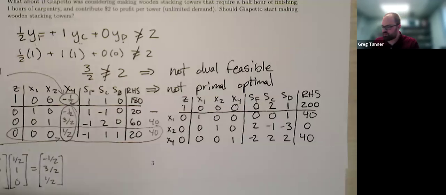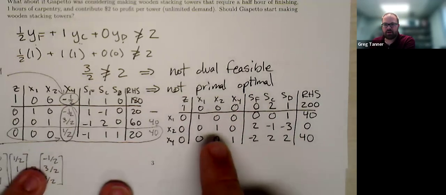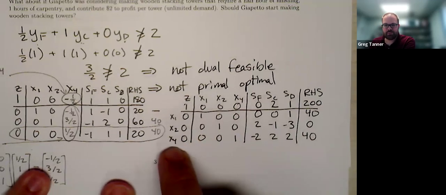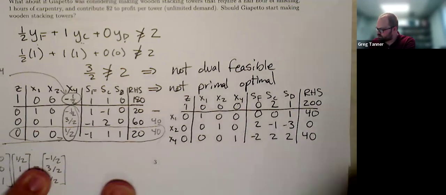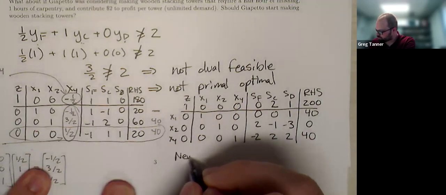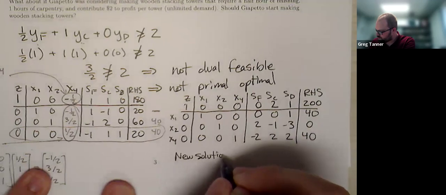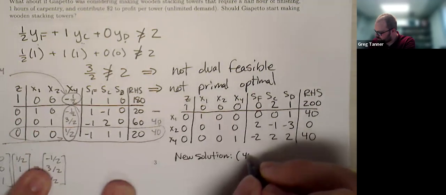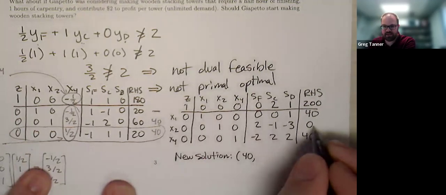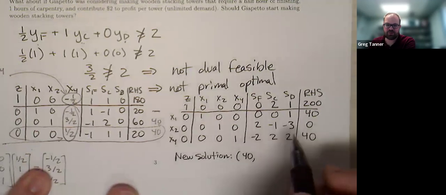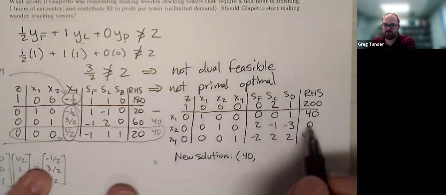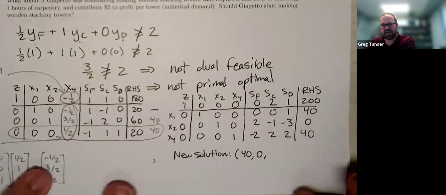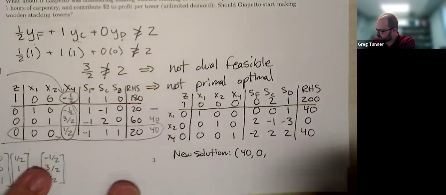Okay, after you do your pivot, here's what you should end up with for your Tableau. Notice that X4 has entered the basis. Our new solution is now that x1 is equal to 40, x2 is equal to 0. And so this is actually called a degenerate solution when one of your basic variables goes to 0, which means that there are multiple different bases that give you the same solution.